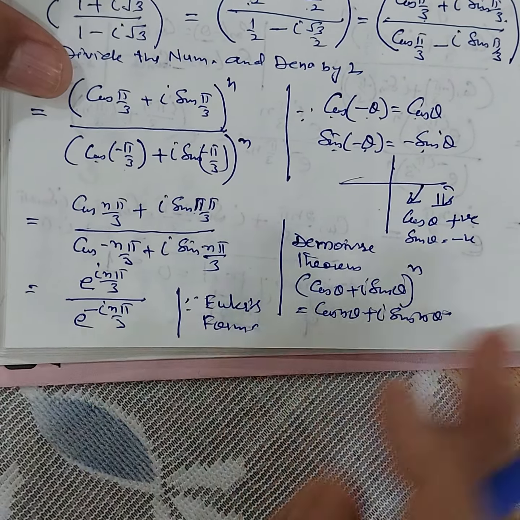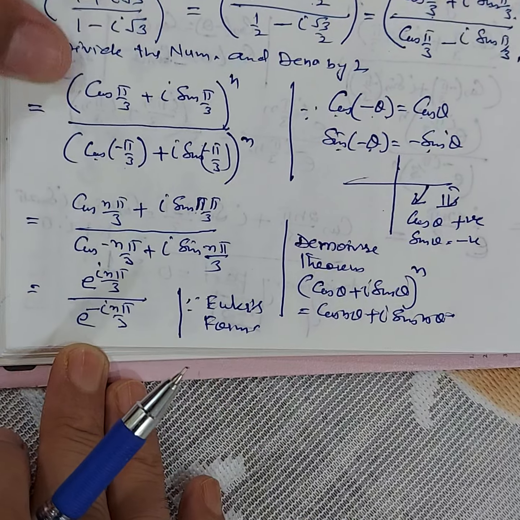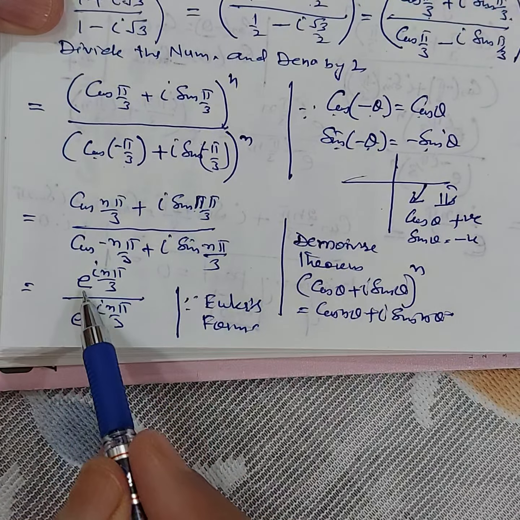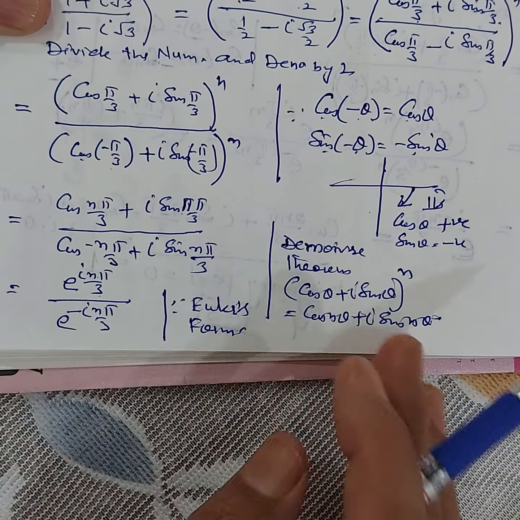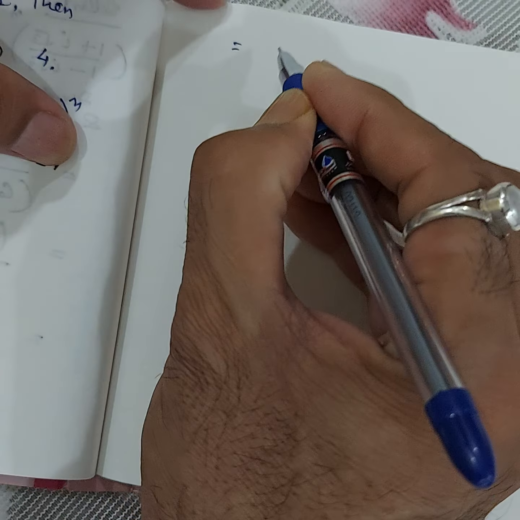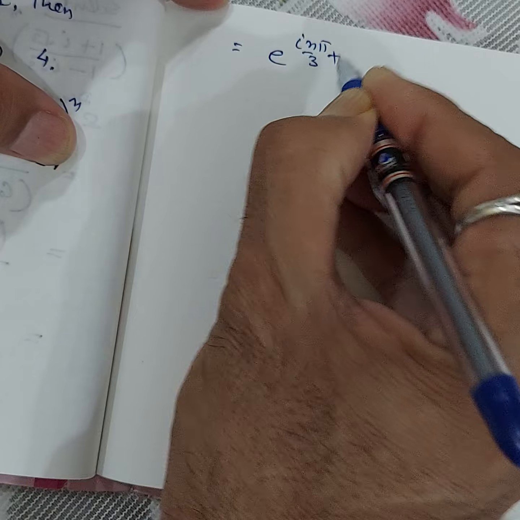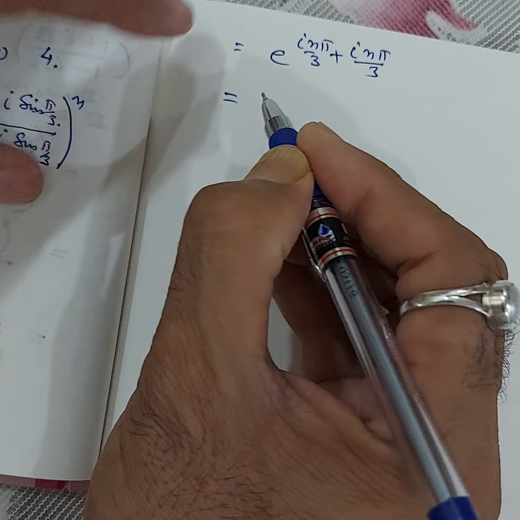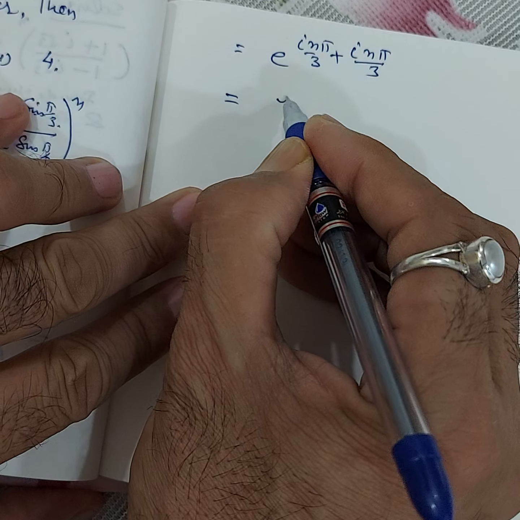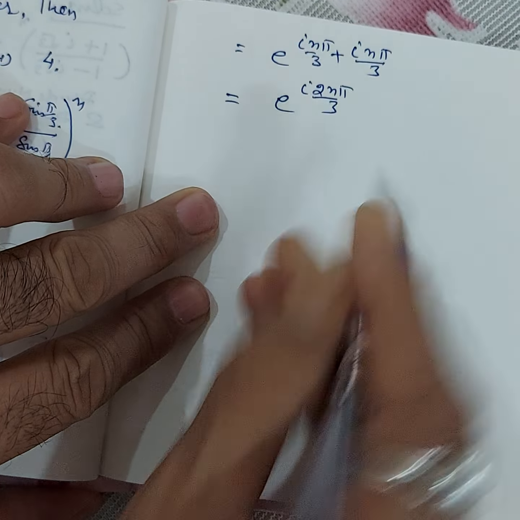The polar form is changed into Euler form. E raised to power iota n pi upon 3, and this is negative, so they will get added: e raised to power iota n pi upon 3 plus iota n pi upon 3, which is equal to e raised to power iota 2n pi upon 3.